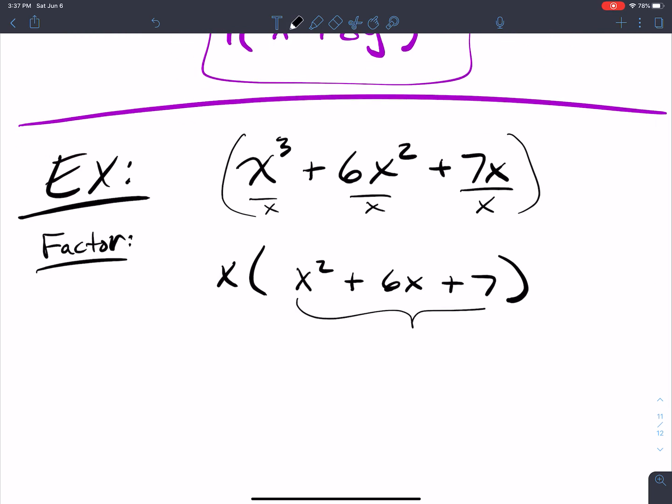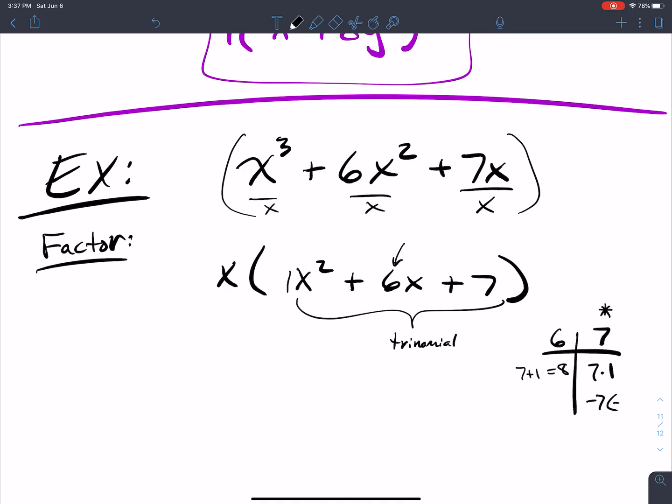Inside here is a trinomial. If there's a trinomial, I think T-chart, AC method. So 7 times 1 gets me 7. So multiply to 7 and add to 6. 7 times 1 adds to 8.